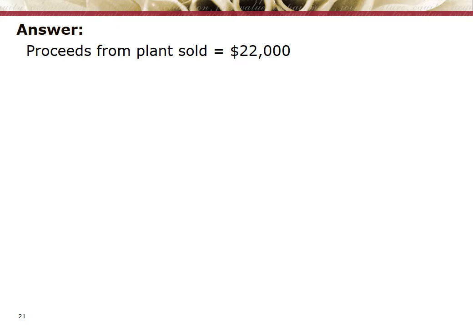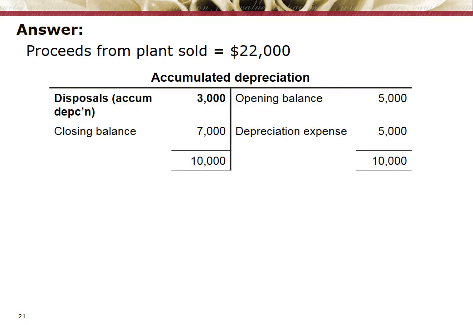To do that, using this gross method, first we need to calculate the disposals in relation to the accumulated depreciation. If we look at the opening balance of accumulated depreciation, which was $5,000, and then the closing balance, which is $7,000, we can say it's increased during the period, meaning there's been depreciation added.